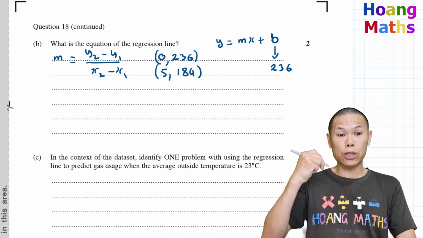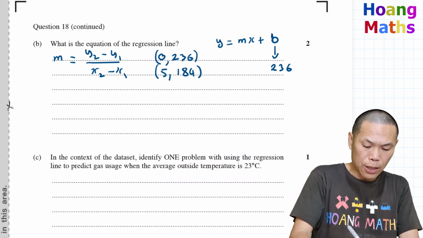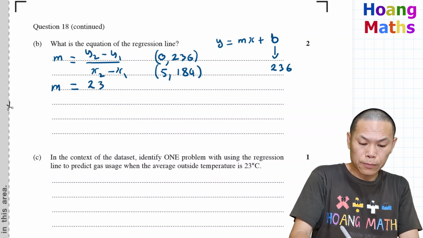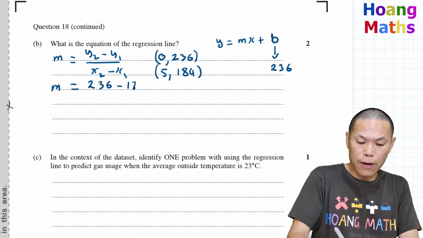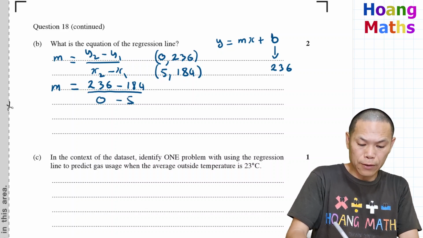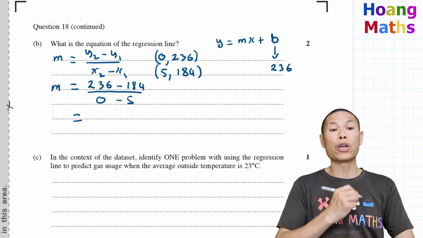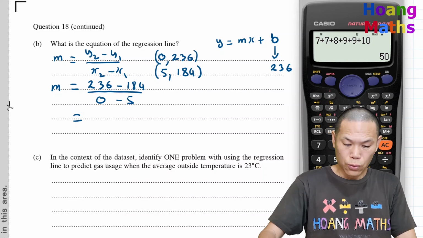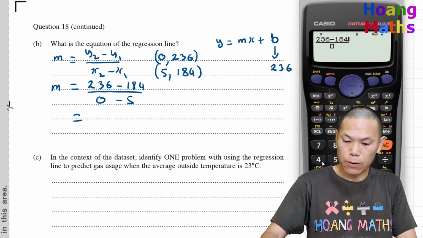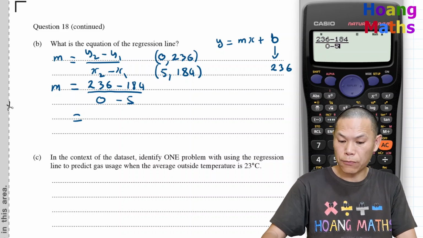So what I do, I just plug that in a formula. So m is 236 minus 184 over 0 minus 5. I just put it on a calculator. So I just go fractions 236 minus 184, and then we go 0 minus 5.